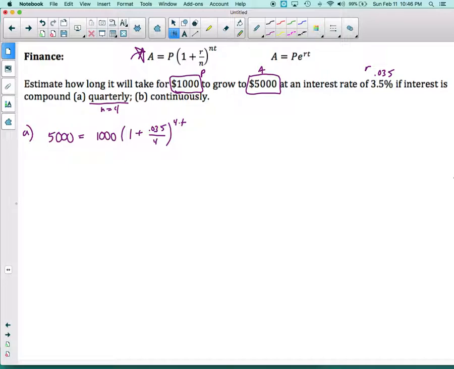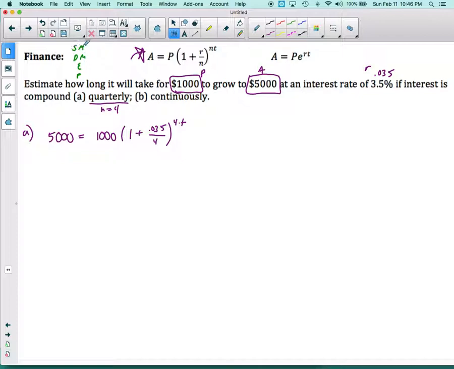Okay, so just like we did with problems like this, we want to get t by itself. And the first thing we need to do is get rid of this 1,000. We are following SADMAP as we try to do this. I have this power, this base, and that's all in parentheses, so I can't get rid of that until later.